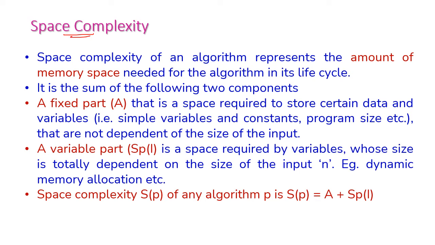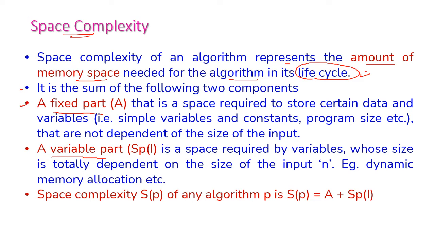First let us see the space complexity. The space complexity of an algorithm represents the amount of memory space required for the algorithm in its life cycle. How much memory it requires to execute the algorithm is calculated by using space complexity. It is the sum of the fixed part plus the variable part.